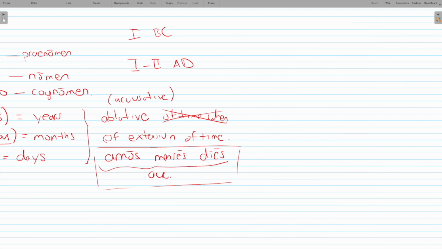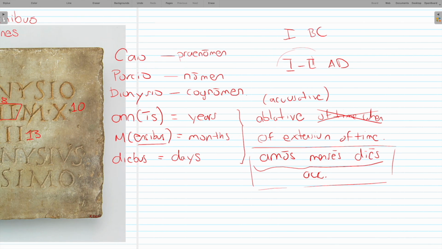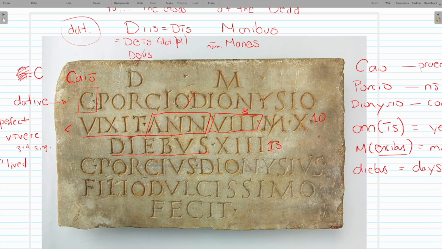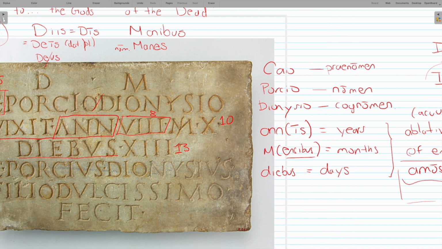And Seneca, who lived in this imperial period here, sometimes uses the ablative of extension of time. So it's possible that using the ablative or the accusative to express duration depends actually on which period you wrote in. And since this plaque is from imperial times, it makes sense that just like Seneca, the person writing this inscription used the ablative for the span of time. So if you were curious about that, that's the reason.